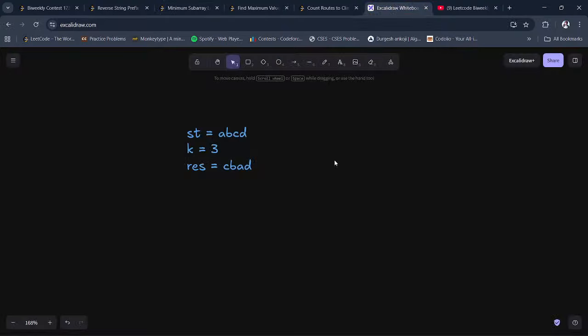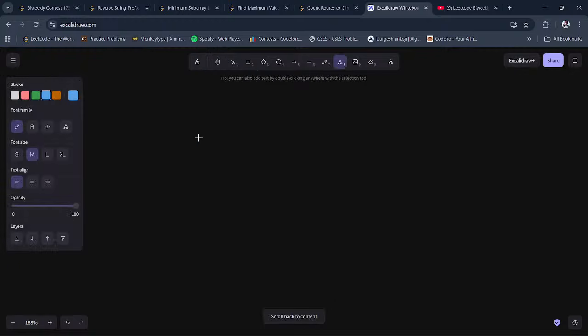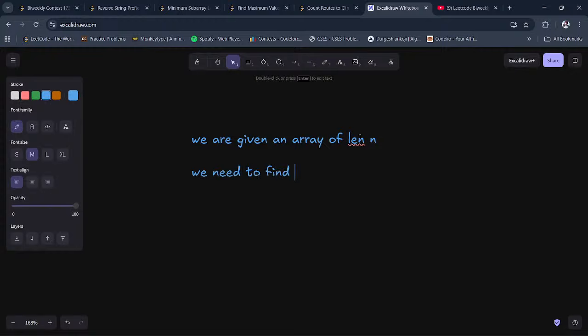I will try to define the problem again. We are given an array of length n. We need to find the minimum subarray length whose distinct values sum is at least k.